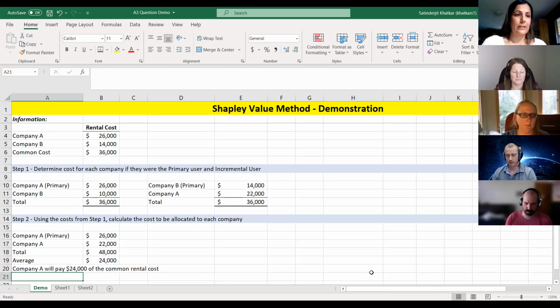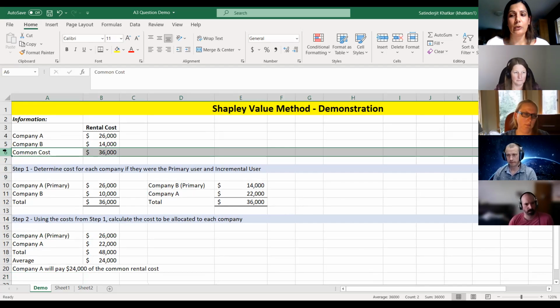Yes, it will be 12,000. So again, in accounting, we like everything to balance, and we need everything to equal 36,000 at the end of the day. If company A is paying 24,000, company B will pay the remainder. So that's one way to calculate company B's cost.